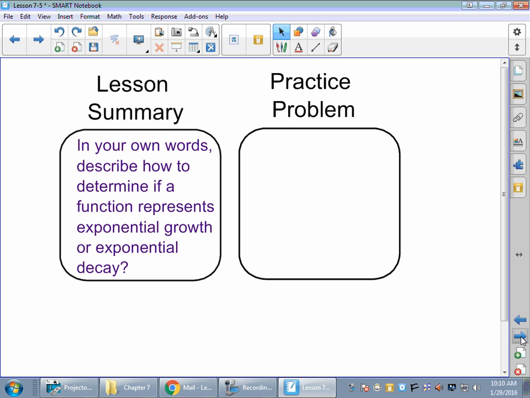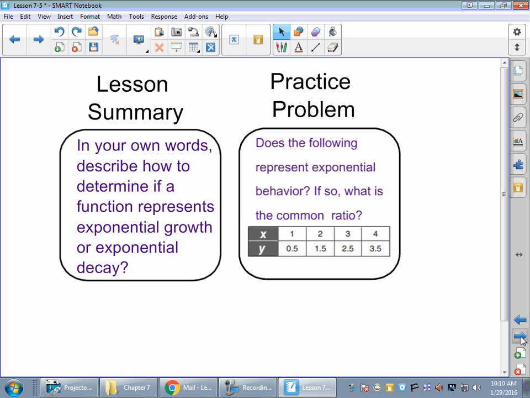And for your practice problem, there's a little table right there. Does that little table, just like those 3 that we just did, represent exponential behavior? So does it pass our test? Look at your x and your y values. If it is exponential, what's the common ratio? Don't be fooled. This could be tricky.